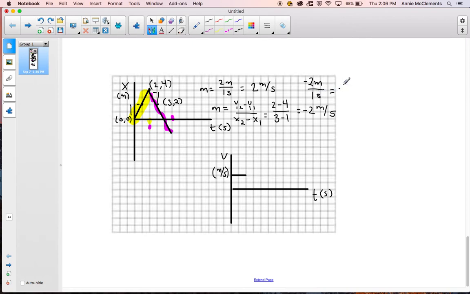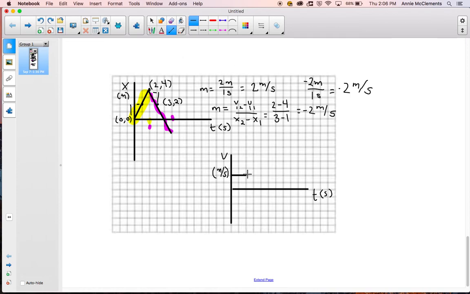So we're going to have, again, the same answer. Love when that happens. Negative 2 meters per second, okay, for the purple part of our line. Then we just got to add that in, right? So we've said from 3 seconds to 5 seconds, it's continuing at that velocity.